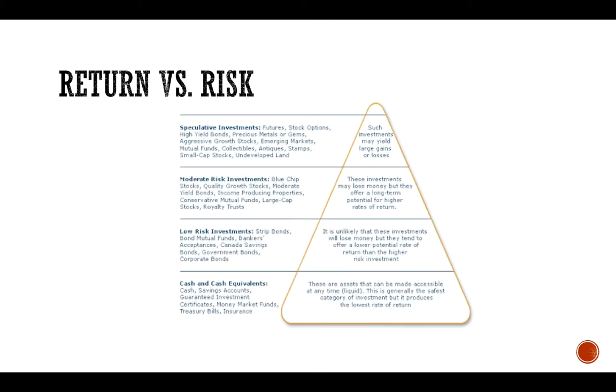This is where I want to talk to you a little bit about liquidity in terms of risk versus return. Obviously, when we invest money, we want a return, or we want money coming back. Our whole entire goal for investing is to make money. And so there are different levels of risk. What I need for you to understand is the more risk that is involved, and these are things up here that are extremely risky, emerging markets.